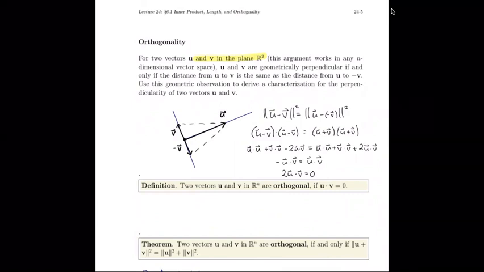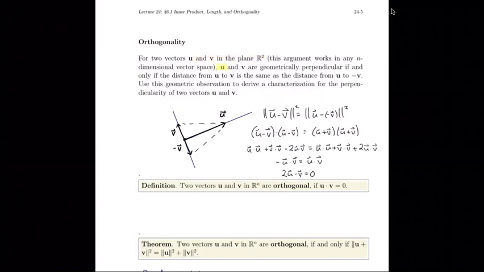Even if they're in R5, we can put their initial points together and say that whatever plane they form together, maybe we just project down to that space and deal with that. We could make the same argument in any dimension, because two vectors form a plane together. Nonetheless, we'll just consider this in the plane for now, and it really wouldn't change the drawing or how we think about it, but we'll fix it to R2.